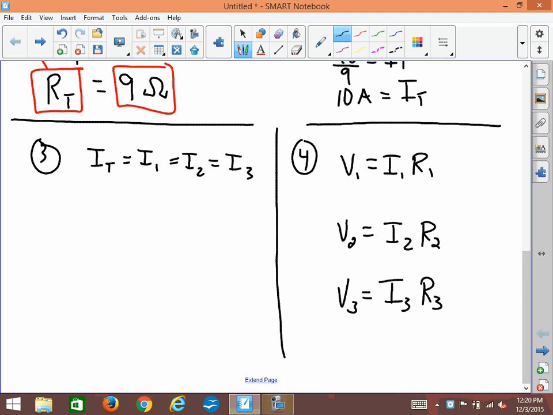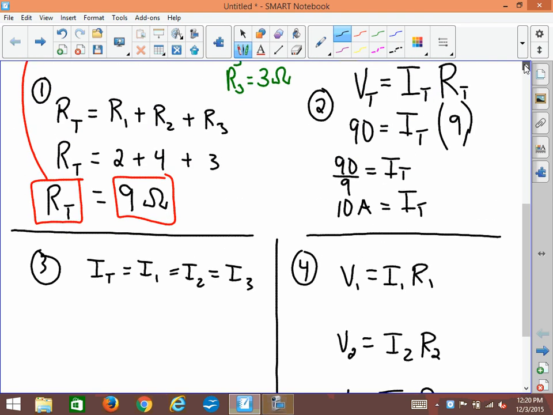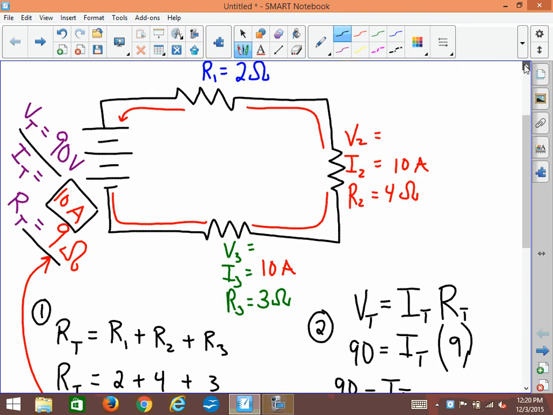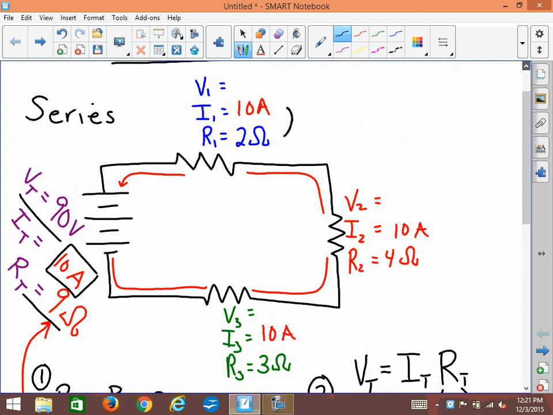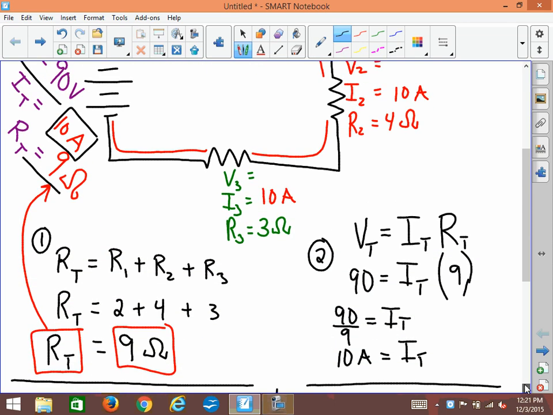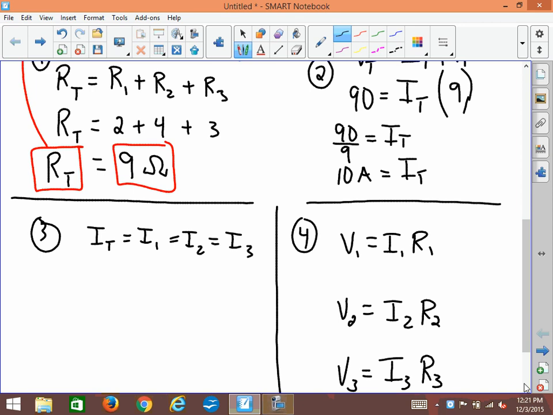But if you look at these, they're all very simple. In the first case, we have 10 amps times 2 right here. See those? So 10 times 2 is 20. So for this one down here, this equals 10 times 2, which is 20 volts. And then for number 2, we have 10 times 4, which is 40 volts.